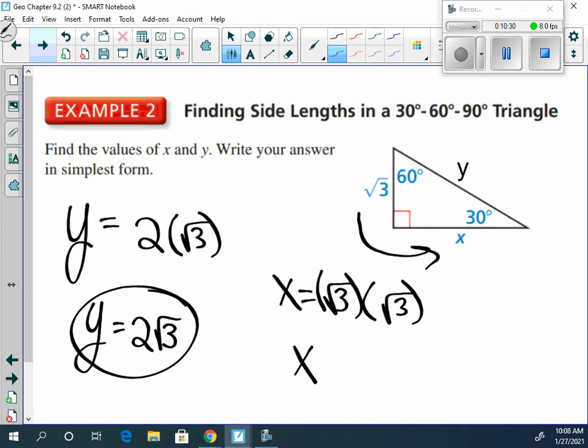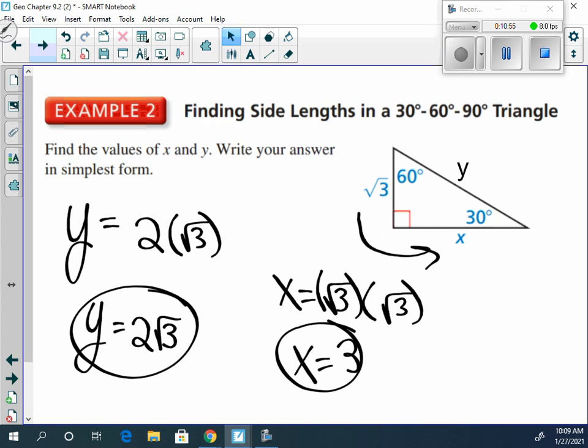We multiply it by the square root of 3. And the square root of 3 times the square root of 3 works out to be just 3. Questions on this here? Any questions on any of this here so far?